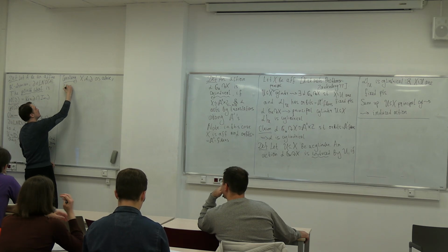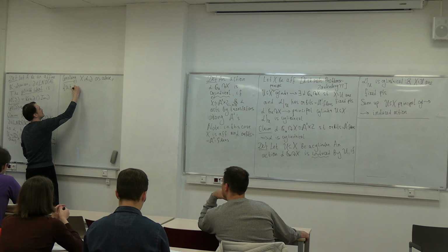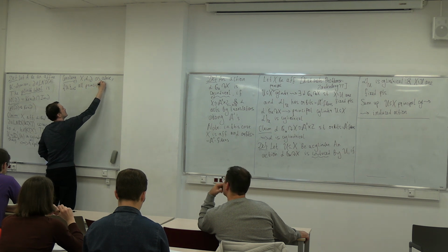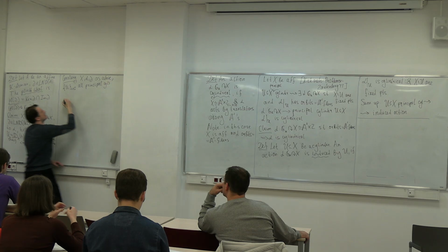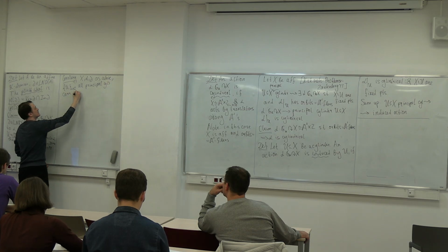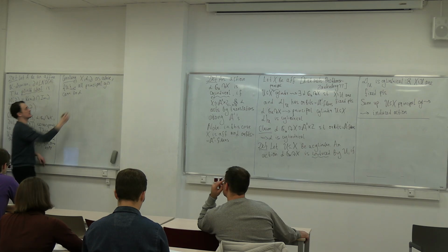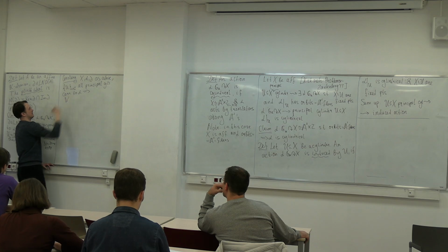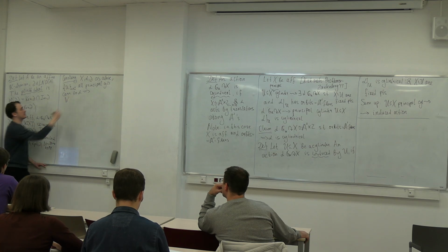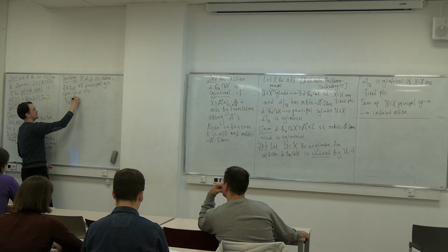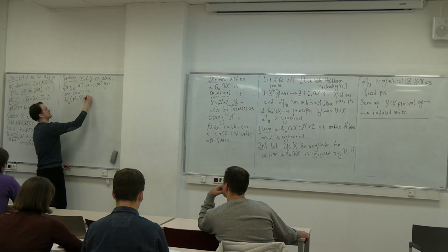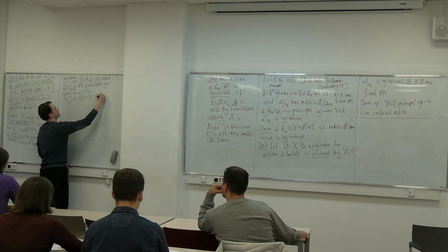So U, just all principal cylinders corresponding to alpha. Then the zero locus of this plinth ideal, well, it follows from this claim that it's just the complement to this union of all those cylinders.